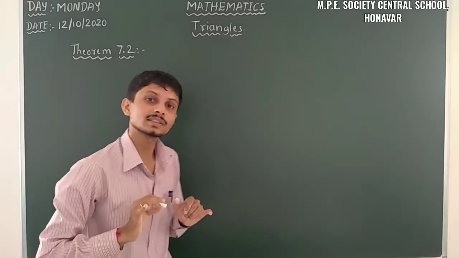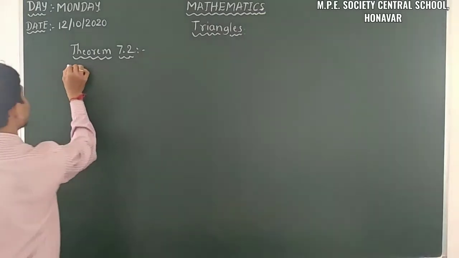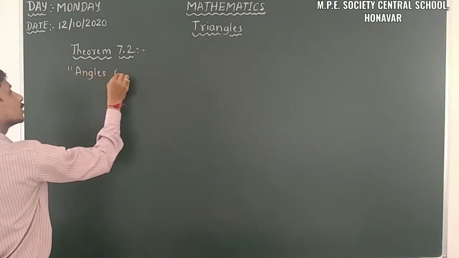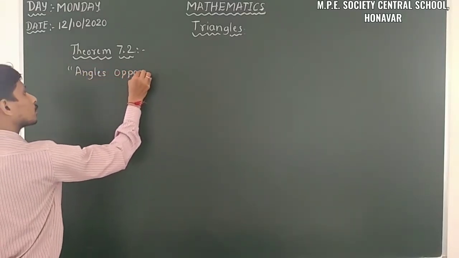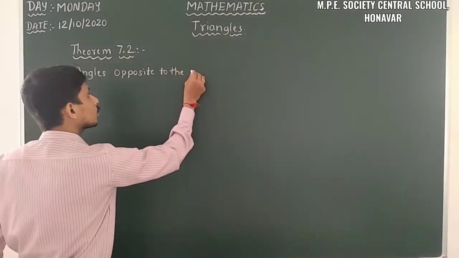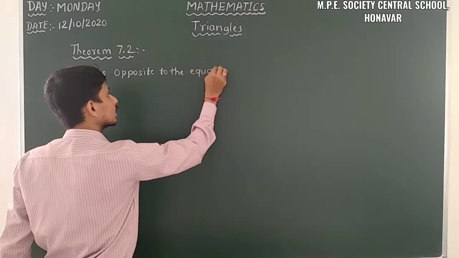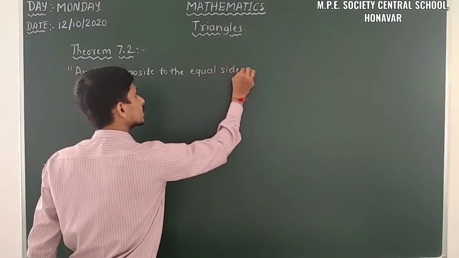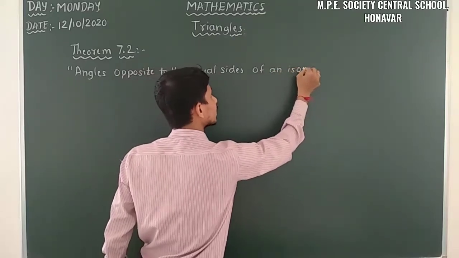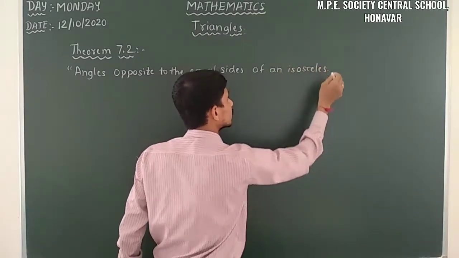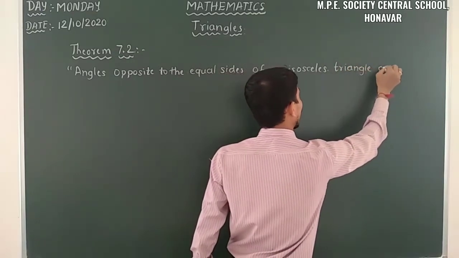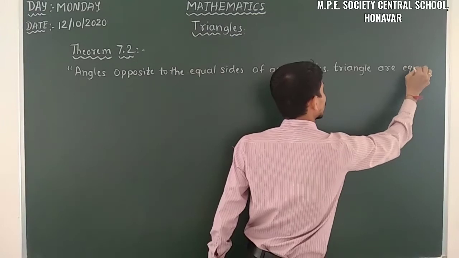Firstly I will write this statement. Angles opposite to the equal sides of an isosceles triangle are equal.